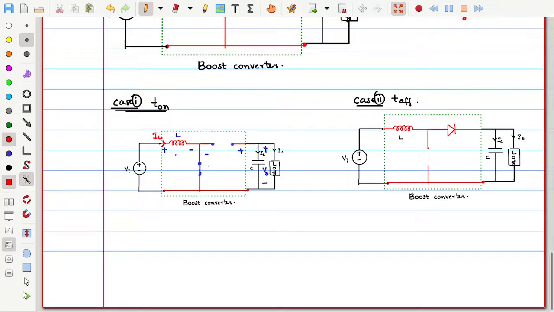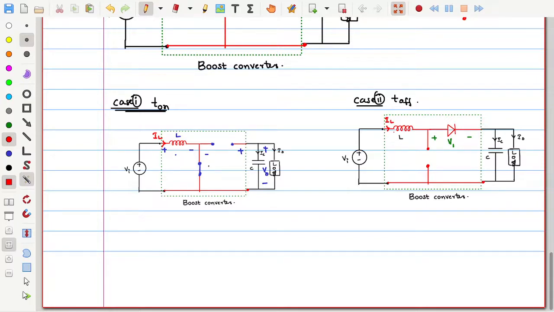Then during the off time, this switch will be off, means it is in open state. Now the voltage across the diode will be V1, or V2, anything. Instead of D, I am using some different suffix. Up to the T off instant, the current through the inductor was IL.